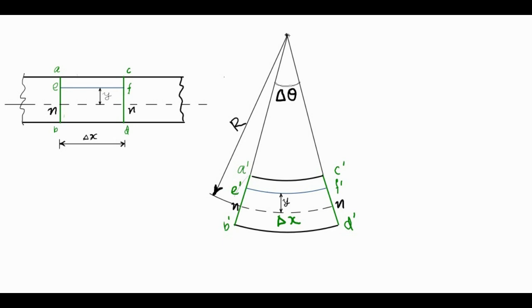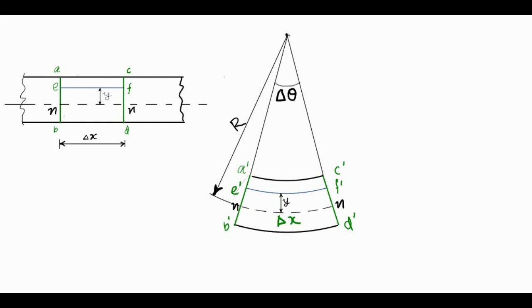Now we are considering the deformation of element EF, this line EF, that is changed to E dash F dash. So the length will be reduced, that we know.